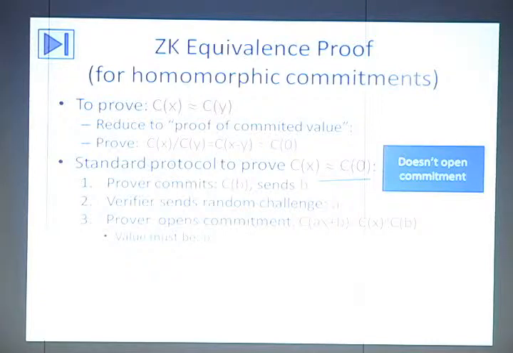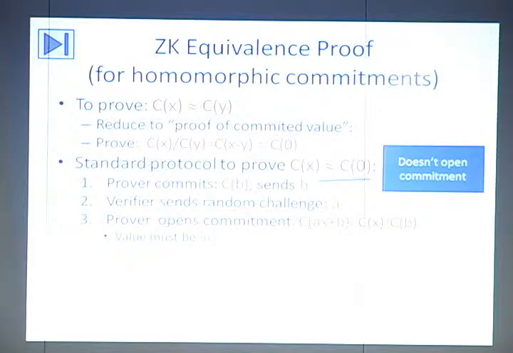This is a commitment that can be constructed using the homomorphic property by taking this commitment c of x that we're trying to prove something about, raising it to the a-th power. So this is like multiplying a times. Basically, because it's homomorphic, we get a commitment to a times x. And we multiply it by c of b, the commitment to b.